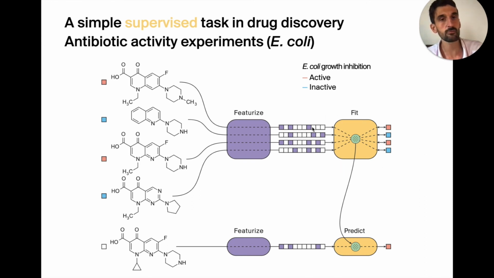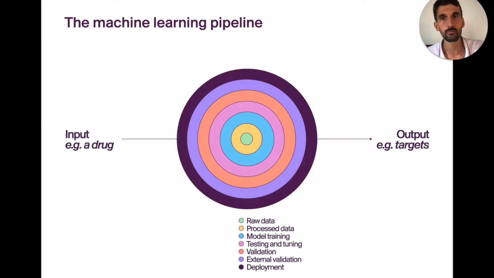And once we have fitted and validated this model, we can essentially apply it to new data. So when I come with a new molecule, it is not necessary anymore that I do the experiment in the laboratory. I can just featurize this molecule, get the vector correspondingly, and then make a prediction using the fitted model, right? In this case, I'm predicting that this molecule is going to be active against E. coli because it's going to inhibit its growth.